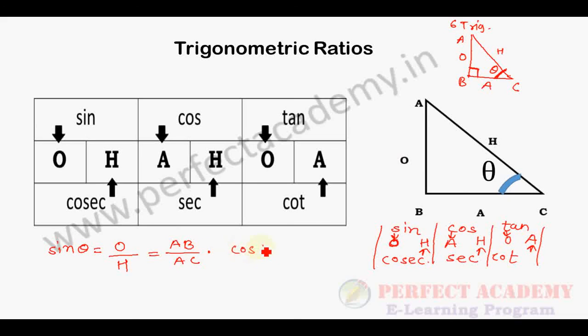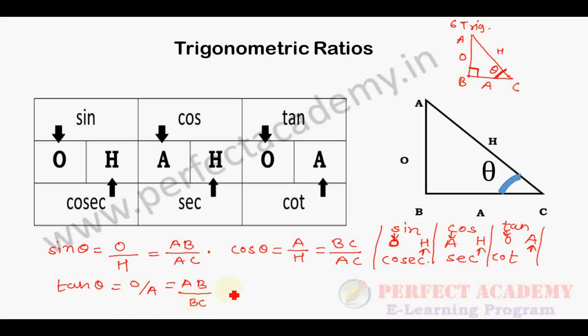Then we have cos theta. Cos theta is A by H, that is adjacent by hypotenuse, which can be said as BC by AC. Finally, we have tan theta. Tan theta can be written as O by A. O is AB, A is BC.